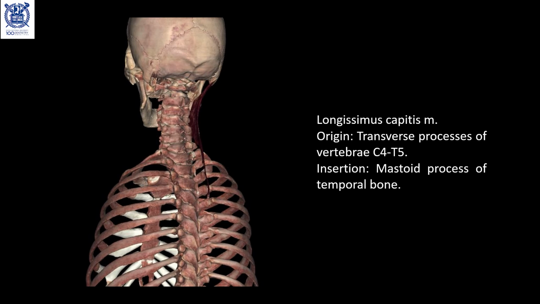It is almost always crossed by a tendinous intersection near its insertion. It is innervated by the posterior branch of the spinal nerve, and its main action is, laterally, to flex the head and neck to the same side. Bilaterally, it extends the vertebral column.